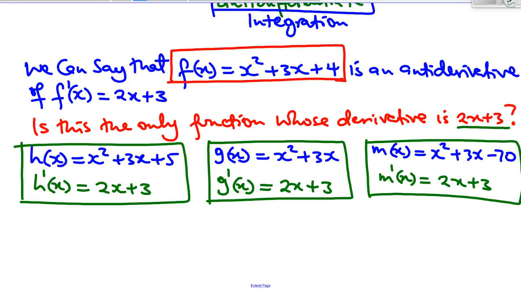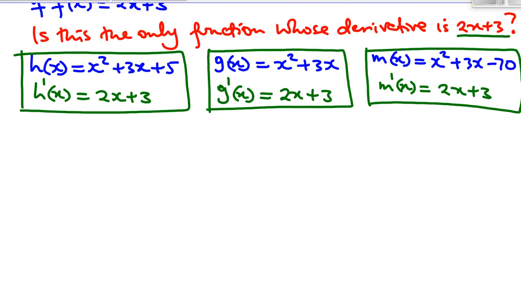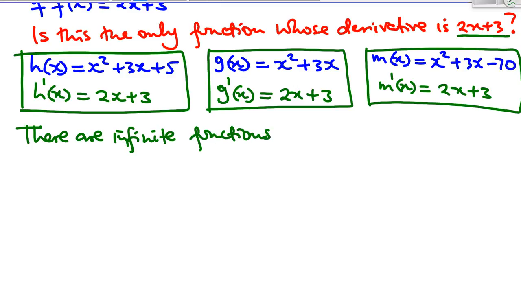So we can actually see here an infinite number of functions whose derivative is 2x plus 3. So we can summarize our result and say that there are infinite functions whose derivative is 2x plus 3.